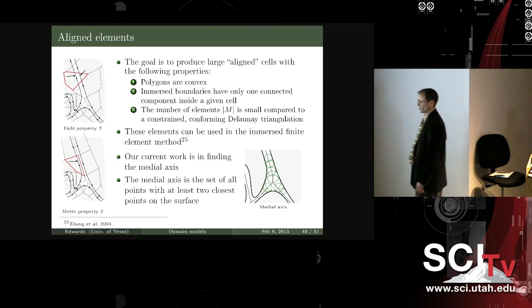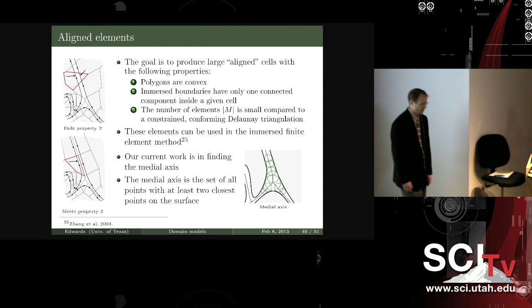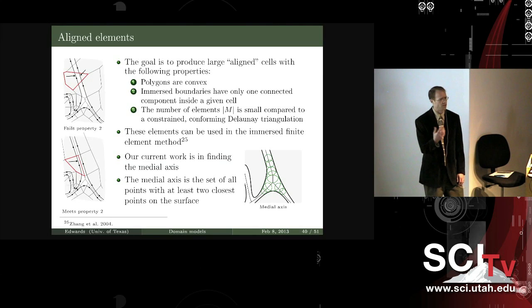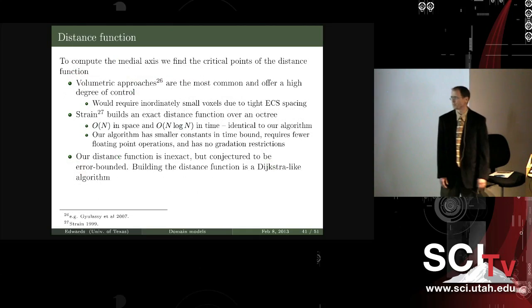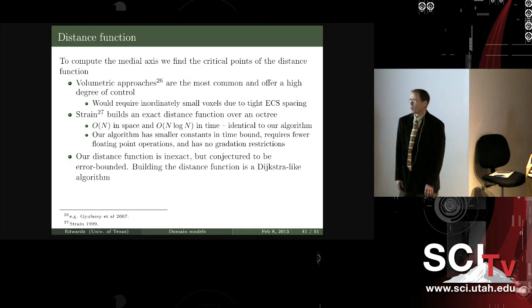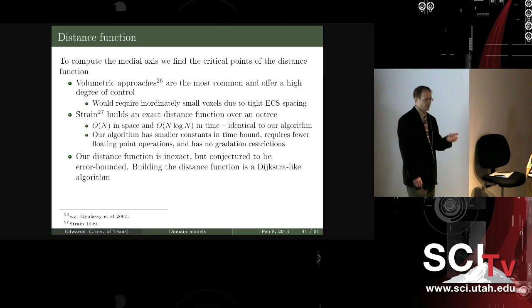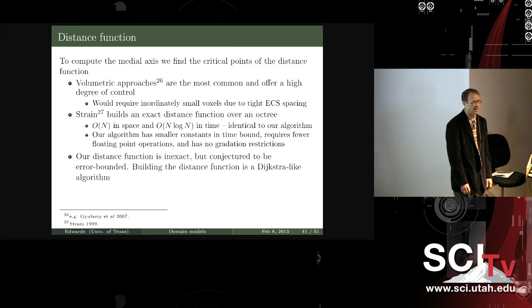Just one more time, the medial axis is the set of all points with at least 2 closest points on the surface. In that graphic, you can see the circles centered on the medial axis with their respective radii, where each has 2 closest points. To compute the medial axis, if we can compute a distance field over the space, then we can just take the critical points, and that will give us the medial axis.